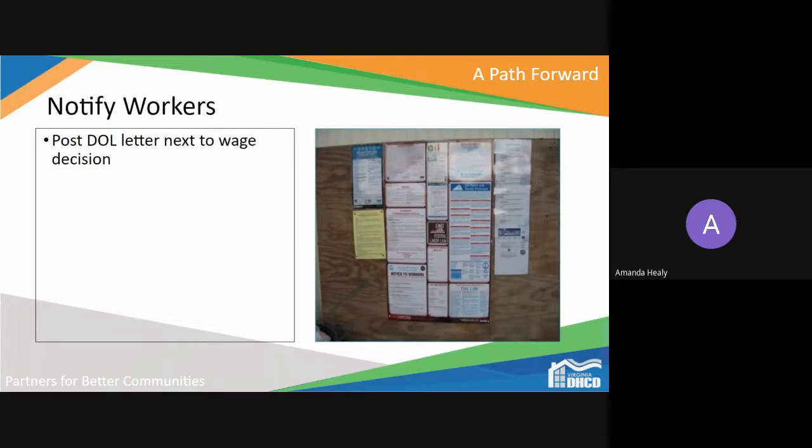Your contractor cannot assume that because the classification was approved for the previous phase, it's applicable to the second contract, because it's a different construction contract. And again, they attach it to the one you made the request for. It's not like they take your request and then add it to the wage decision, so it's only applicable to everyone with that wage decision. It's only applicable. So keep this in mind if you're doing a multi-phase project, and every 2 years you're getting a new construction grant with us, that you're going to have to do the process all over again.